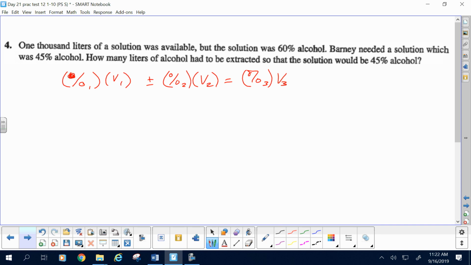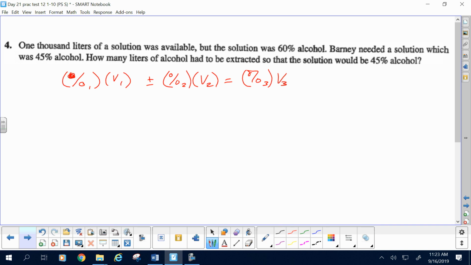All right, so in this case, they had 1,000 liters of a solution that was 60% alcohol. Barney needed a solution that was 45% alcohol, so he needed to take some of the alcohol away. How many liters of alcohol had to be extracted so the solution was 45%? Okay, so in this first case, what do we have, percent and volume-wise? 60.